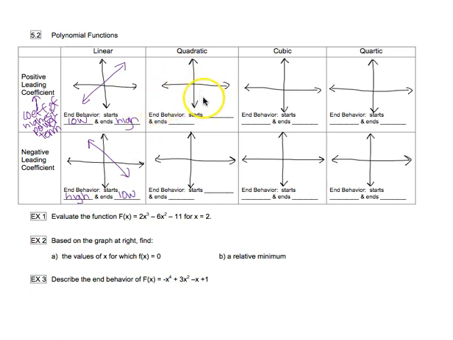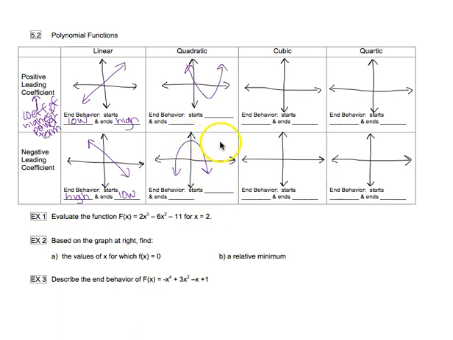Quadratic, these are our parabolas. Again, where the parabola is in the coordinate plane isn't what we're focused on. We're focused on the shape. If you have a positive leading coefficient, your parabola is going to open up. If you have a negative leading coefficient, your parabola is going to open down.